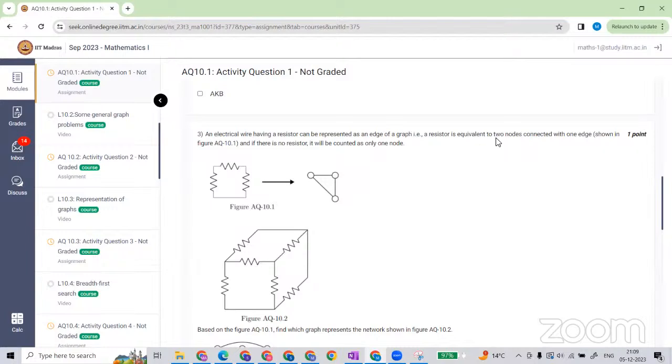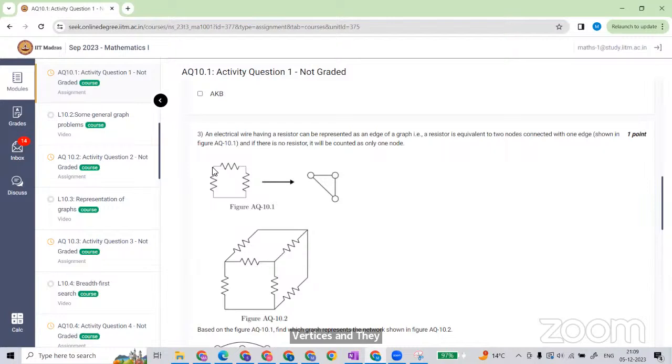If an edge is given, it is connecting two vertices. See that these are the wires. The wires are representing vertices, and the resistor represents an edge.